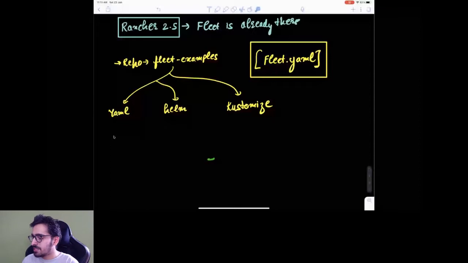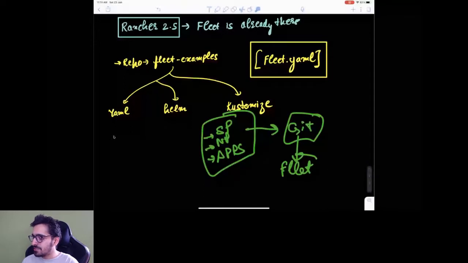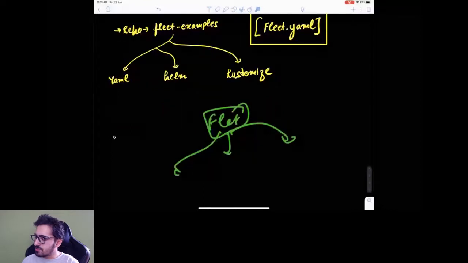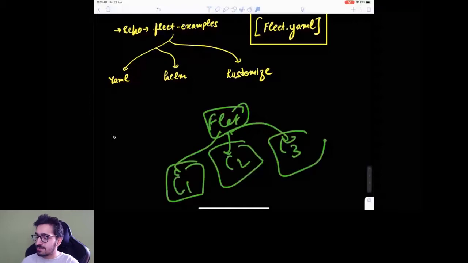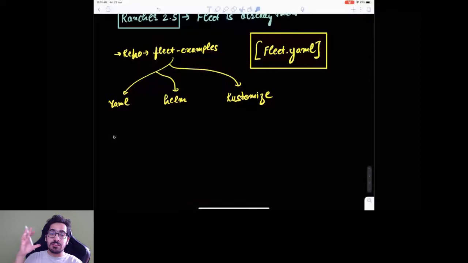They can be put inside the Git repo, and that Git repo can be managed by Fleet, and then Fleet that manages all the clusters, C1, C2, C3, will be able to create the cluster and manage the cluster state according to the Git repo. So everything can be defined in the Git repo about the cluster state that you actually desire, and Fleet will take care of the rest.